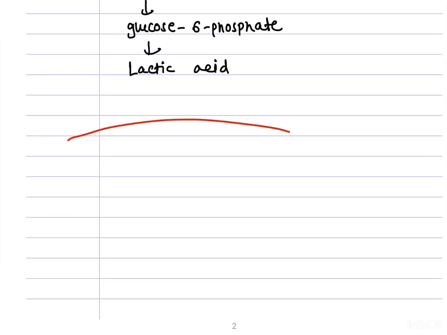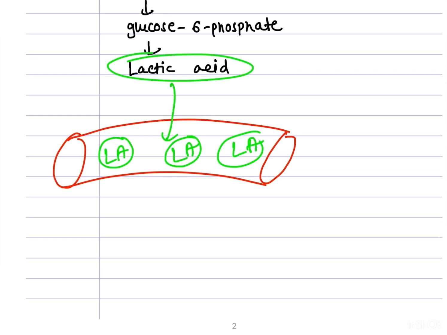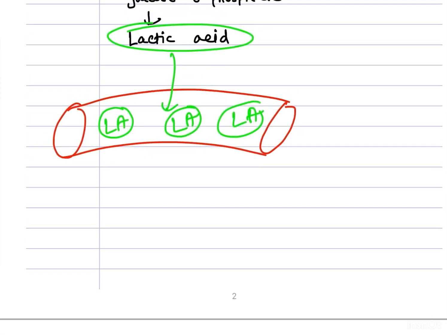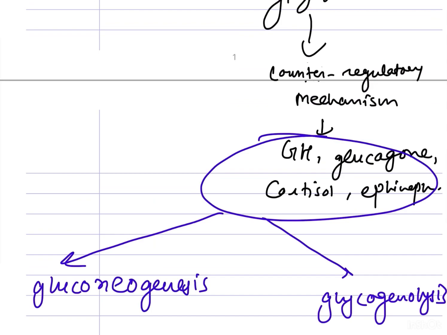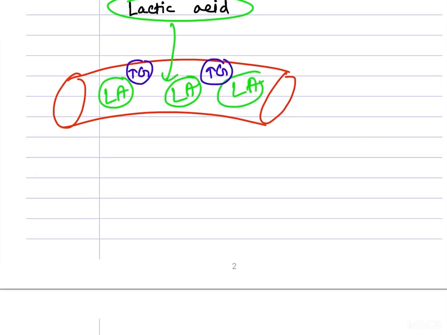This lactic acid will go into the blood vessel, where we are already having glucose in high amount. Now from the blood vessel, this lactic acid will enter into the liver.